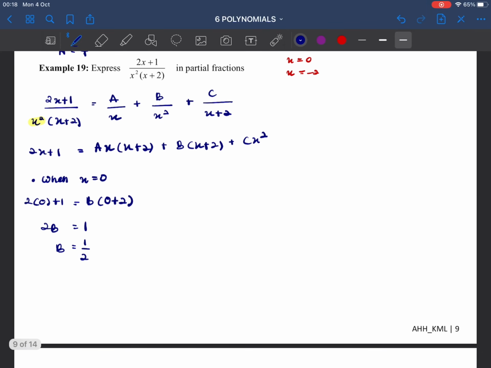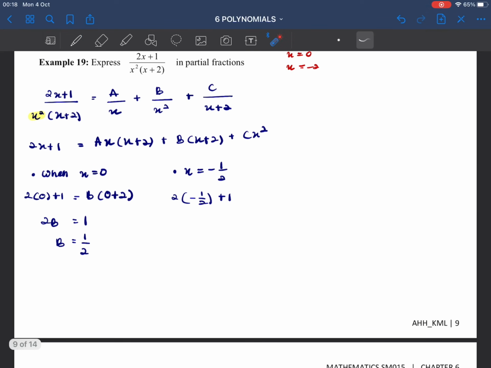Okay, now let's do for when x equals to negative 2. Sorry, this is 2x, x equals to negative 2, there is a typo there. Okay, still a typo. You must know I am doing a voice over for this video. Okay, so this is negative 2.